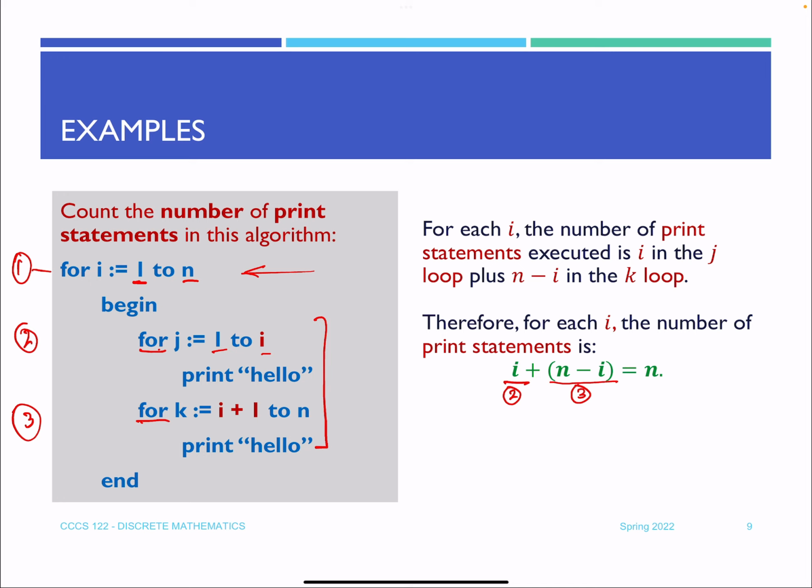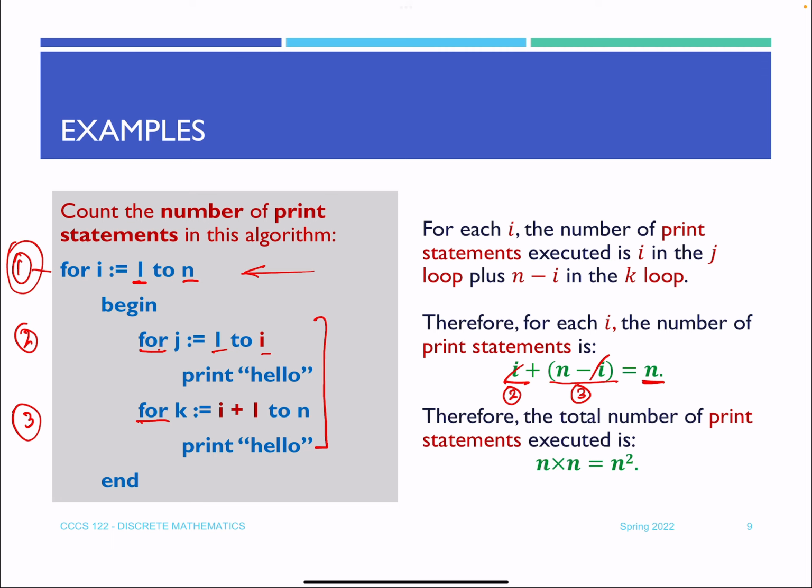Add them up, i's cancel out, and we just end up with n. And then, of course, all of this is happening inside the outer loop, loop number 1, which means the print statement is executed n times, meaning n squared times.